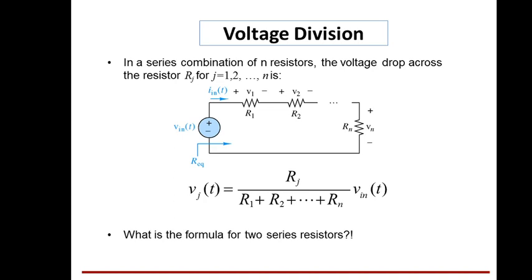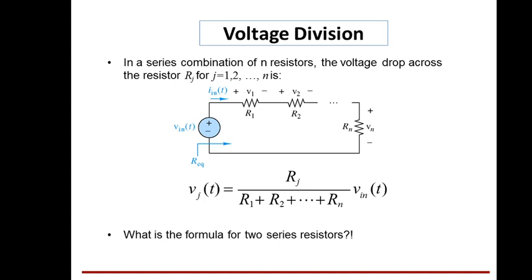If you want to find individual voltages, V1 is the voltage across R1. So V1 equals I n into R1. What is I n? That is V in by R equivalent. What is R equivalent? The sum of all the resistors.